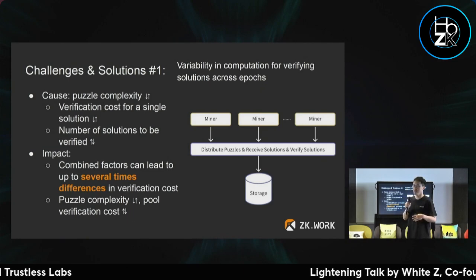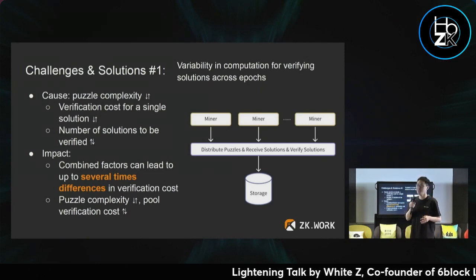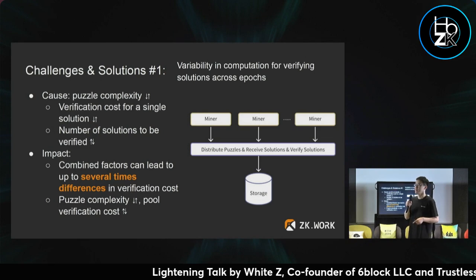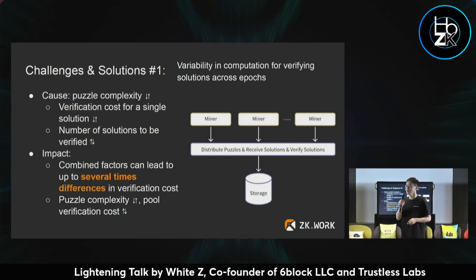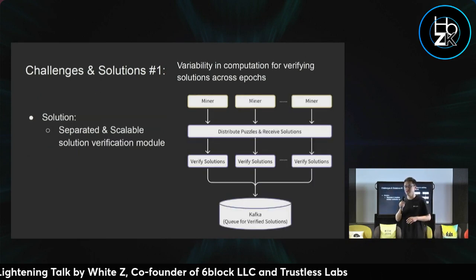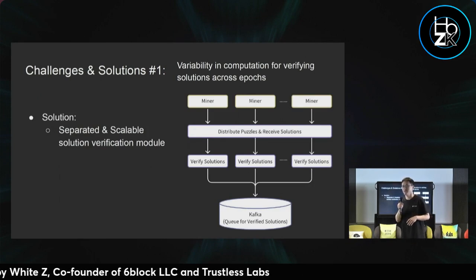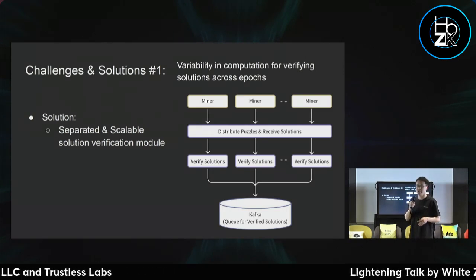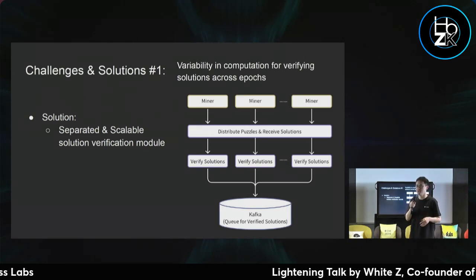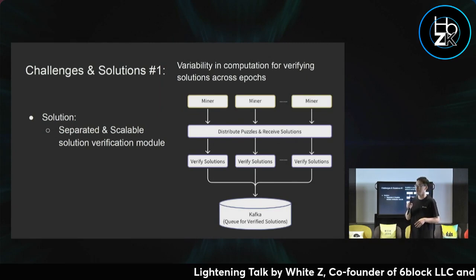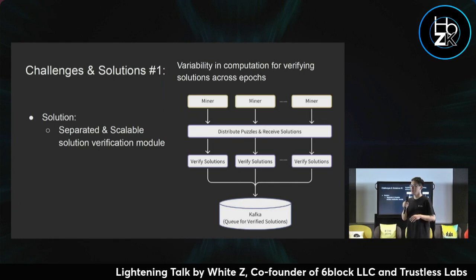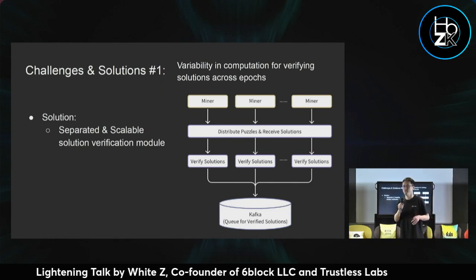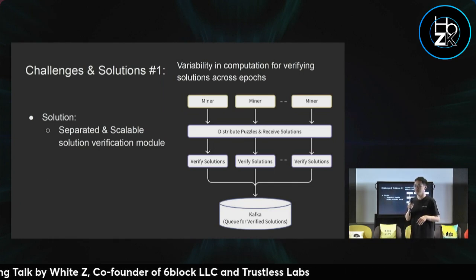And then all these submitted solutions will be stored in storage. So we changed the traditional architecture into a brand new one to handle this challenge in a zero-knowledge proof mining pool. We separated a single proof verification module into several ones.